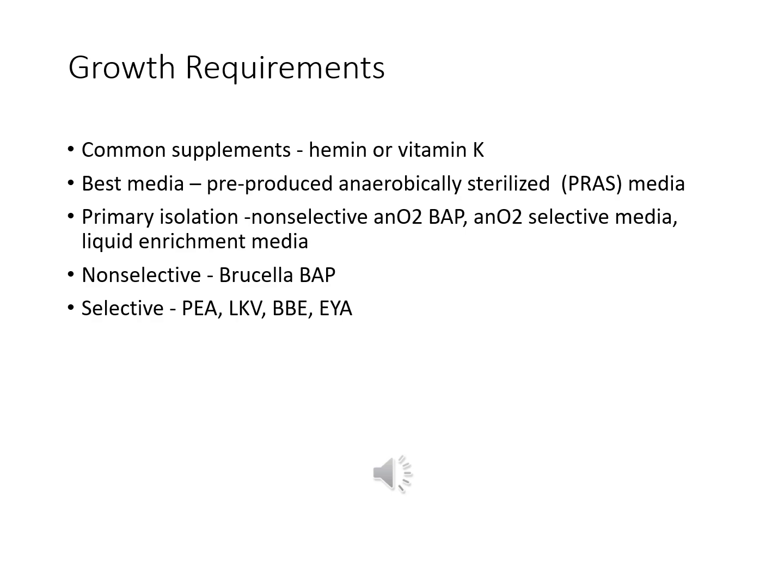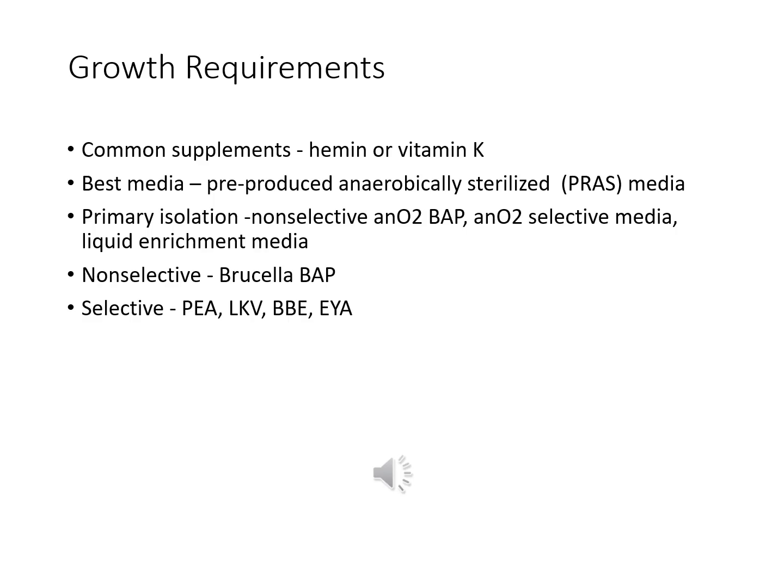Anaerobes have their own growth requirements. Some agars will be supplemented with hemin or vitamin K. Almost all of your agar will be pre-reduced anaerobically sterilized media. Primary isolation will normally be on a non-selective anaerobic blood plate, which is not the same thing as your aerobic blood plate that we've talked about in previous lectures.